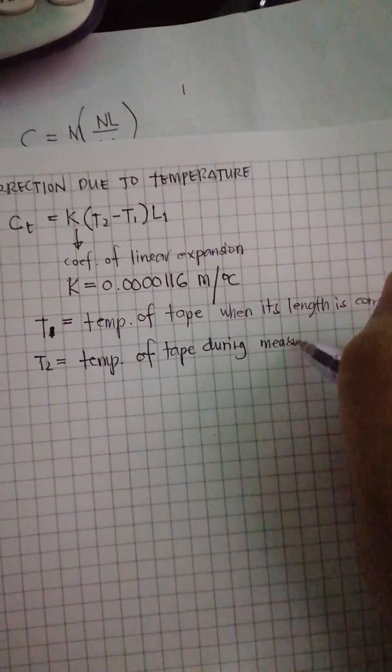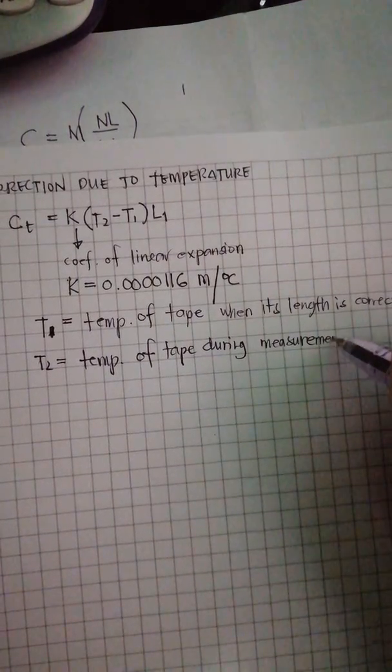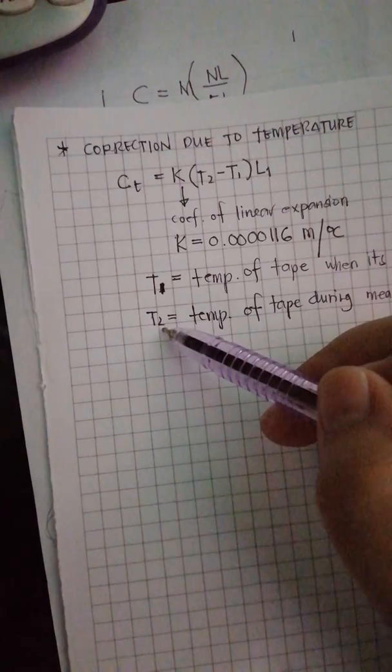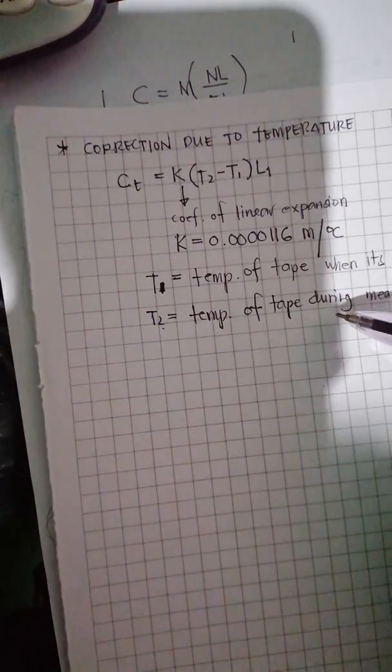So when you are doing measurements using this tape, T2 is the temperature at that moment.